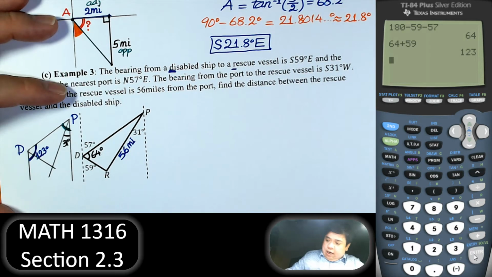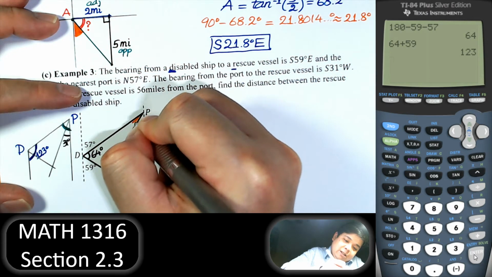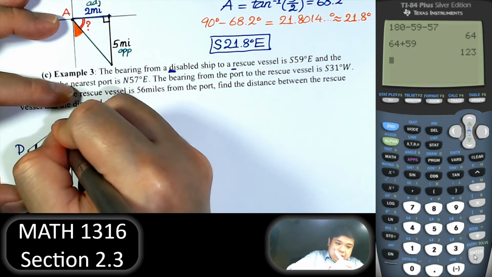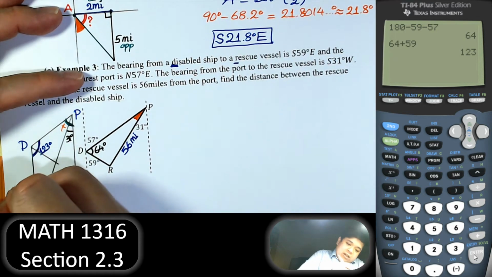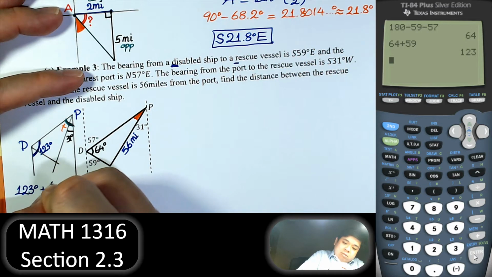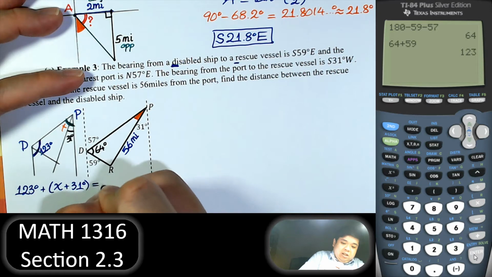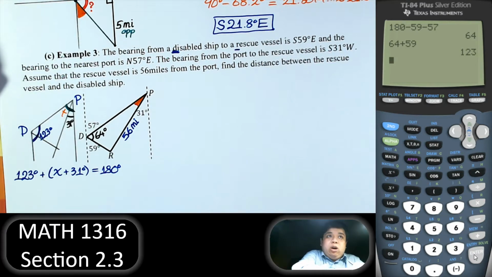So let's see, what we're trying to find is this angle here, which is, let's say, x. So 123 degrees plus x plus 31 has to be equal to 180 degrees, because same side interior angles have to add up to 180 degrees.